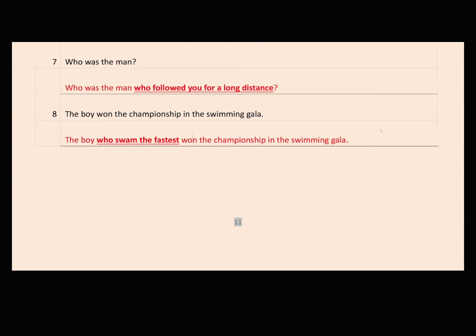the boy. And of course, some of you will ask, how about we also extend the meaning of the championship or the swimming gala? Is it also possible? Of course, yes. You can also put a relative clause to talk about the championship.